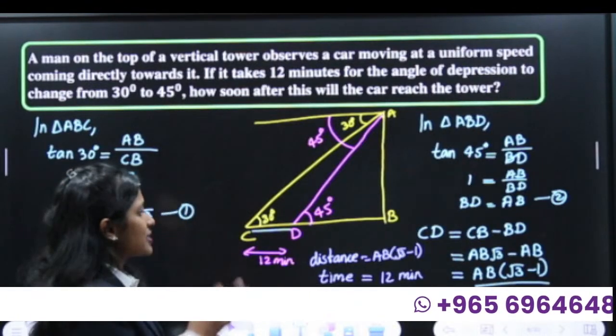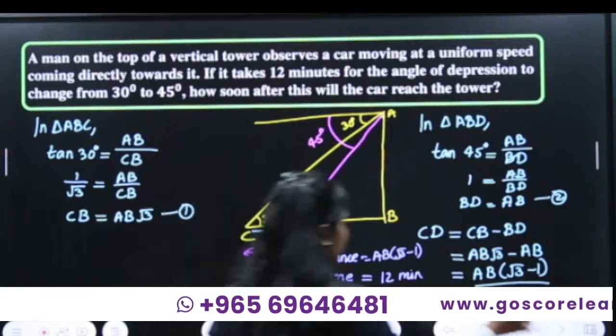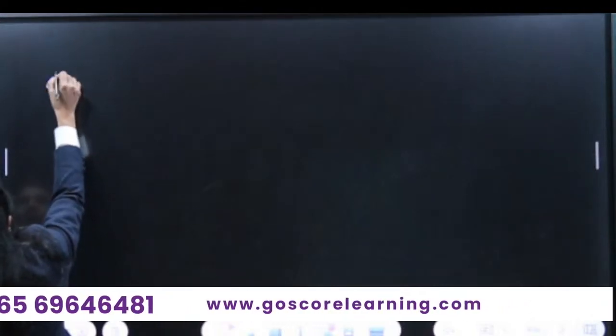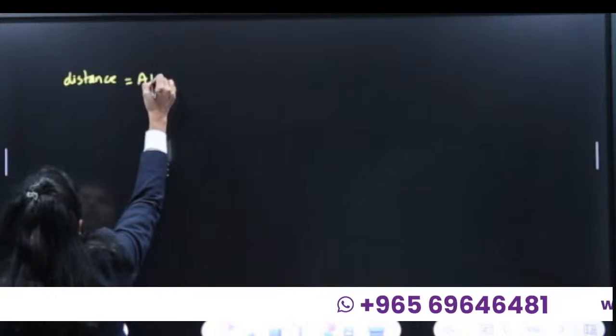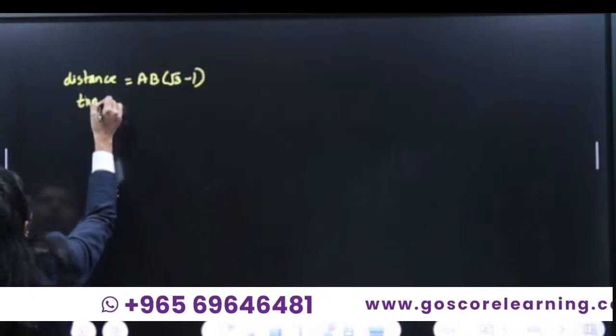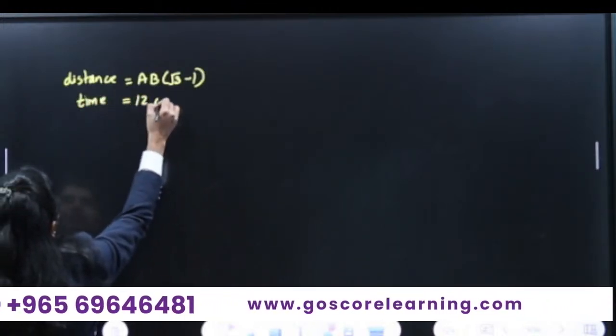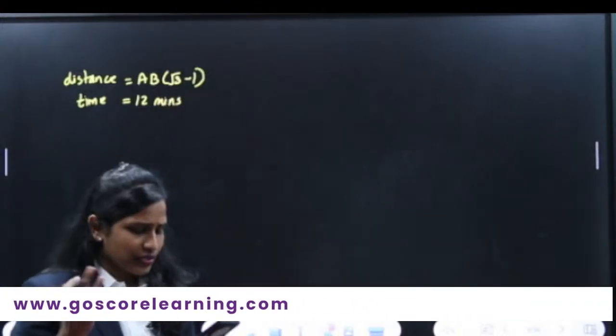We have distance and time, then you can find the speed, right? So the distance is equal to AB into root 3 minus 1 and time is equal to 12 minutes. Then we can find the speed. What is the formula to find speed? First, give me the answer.